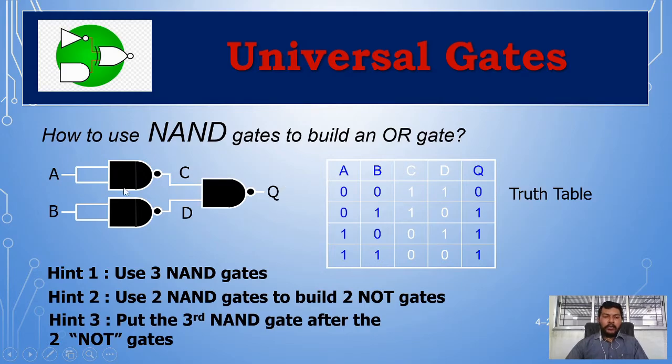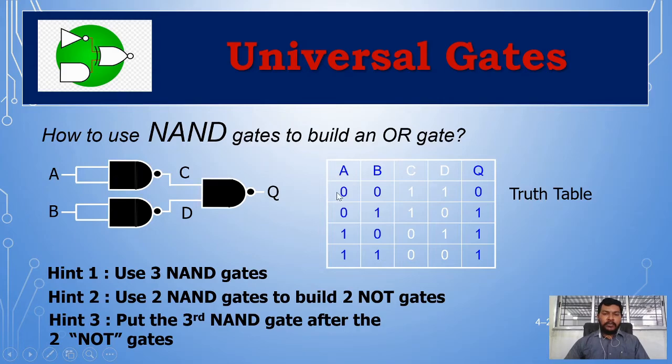See how it works. A is the input given to the NOT gate made by NAND. Similarly B is the other input, given to another NAND. C and D are the outputs of these two NOT gates, and they are fed to the third NAND gate, and the ultimate output is Q.